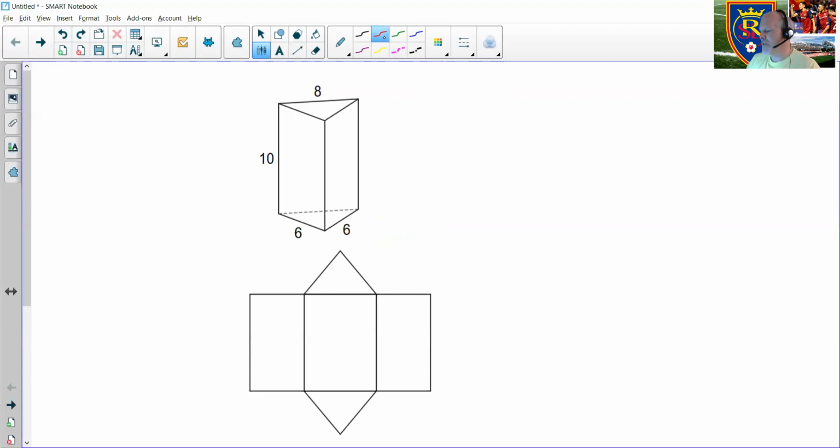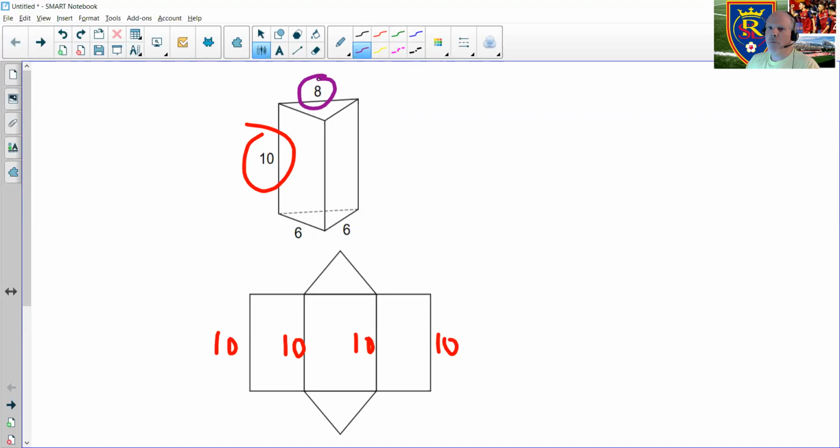So what we have to do is match up the sides. Now the easiest one on here is probably the 10, because it is the longest side on this three-dimensional shape, which corresponds to the longest side on the two-dimensional shape. So we'll label each of those long sides as being 10. Then if we look for our second longest side, which is 8, that forms the longest side of the triangular bases.